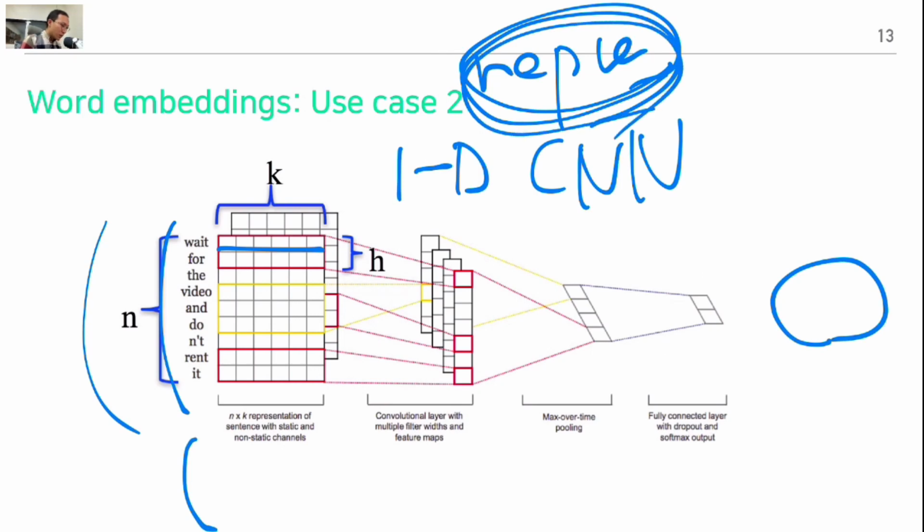So from the massive data set available, we learn the low-dimension representation, such as the word embedding, BERT and GPT, right?